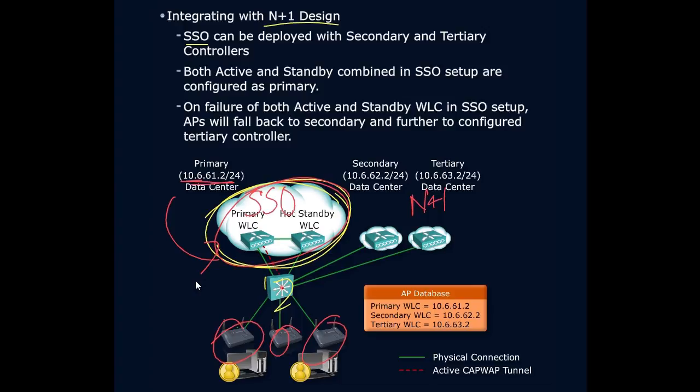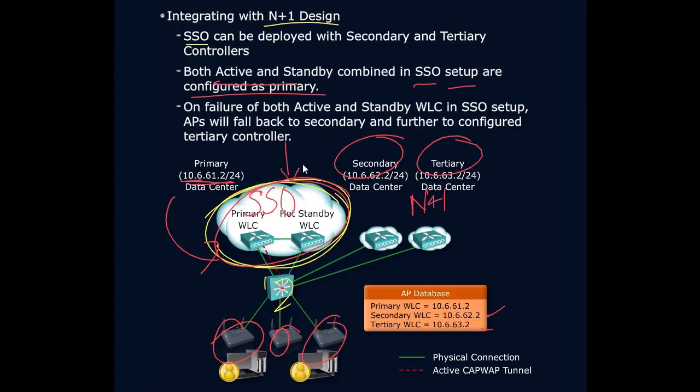Then for our APs, we can assign these other secondary and tertiary controllers, 10.6.62.2 and 10.6.63.2. So we have failover set up. Both active and standby are combined in a stateful switchover process and are configured as the primary. That's it. These are combined together as a primary right here.